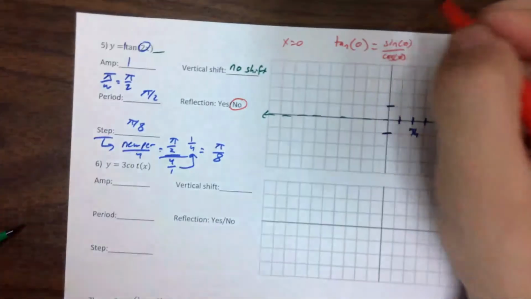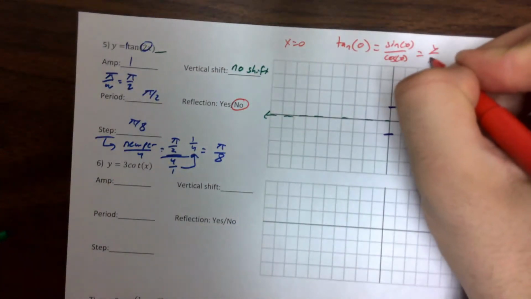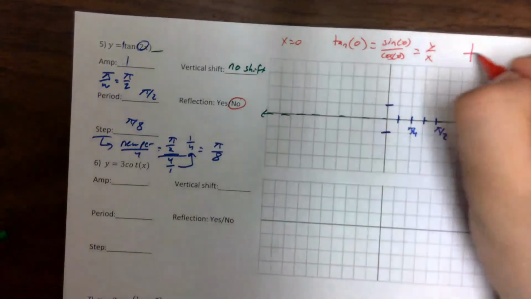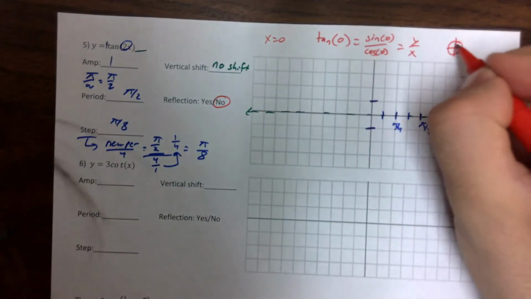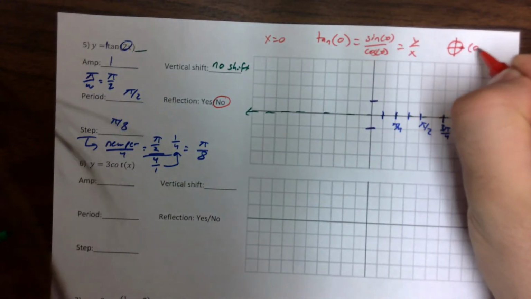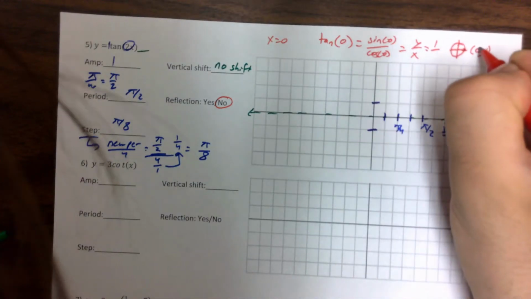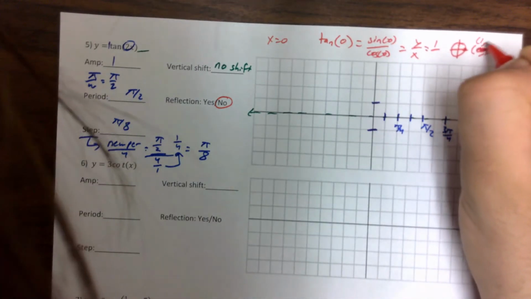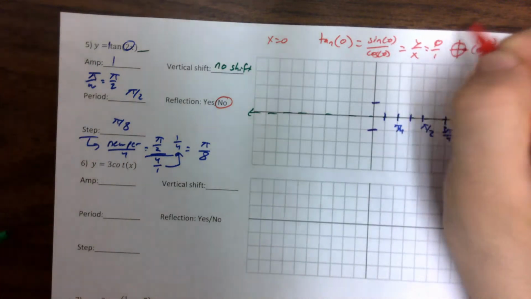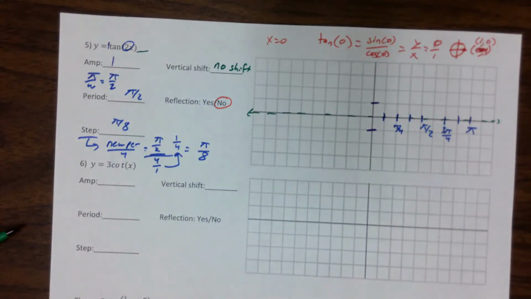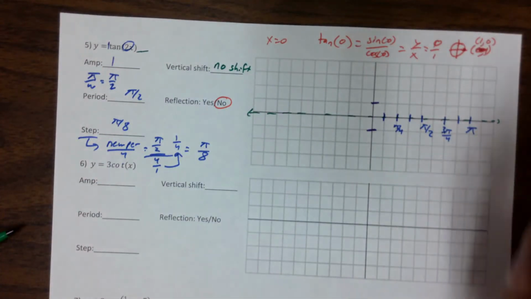Another way to think about it is y over x with our quadrantals. Here's my quadrantal, the point 1, comma 0. So 0 over 1, which is 0. Tangent is going to start on the midline.